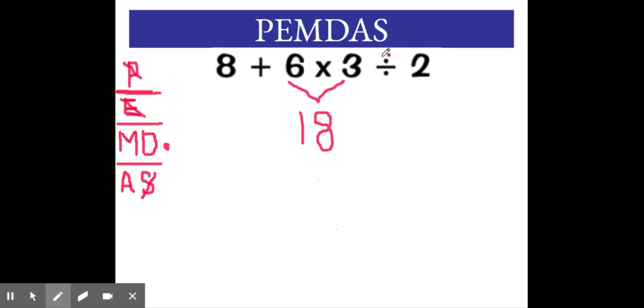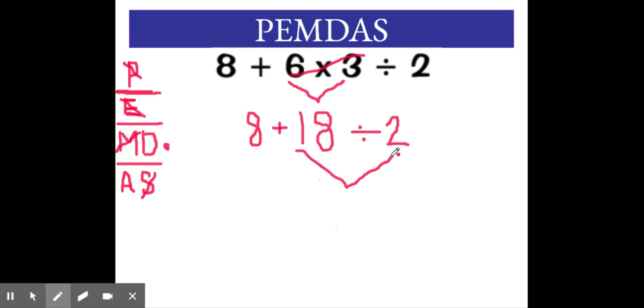We write 18, and then we bring everything down that we have not solved, and you could mark that off. Now we have 8 plus 18 divided by 2. First let's mark off our multiplication. Again, we cannot add until we finish everything that's on this level, and we still have division. 18 divided by 2.